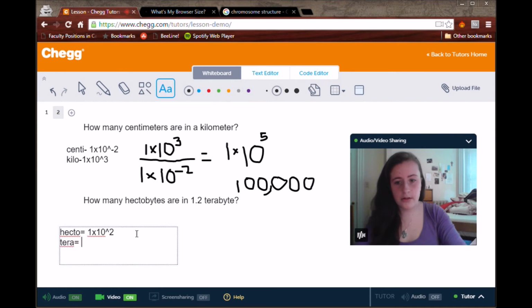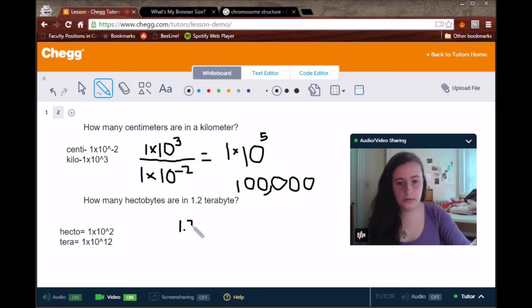Okay, so here, what you're going to do, but you actually have 1.2 terabytes. So what we do here is 1.2 times 10 to the 12 over 1 times 10 to the 2.